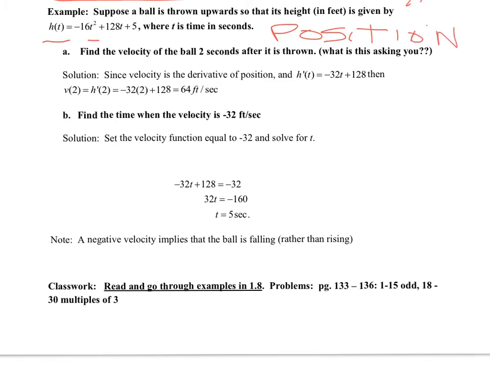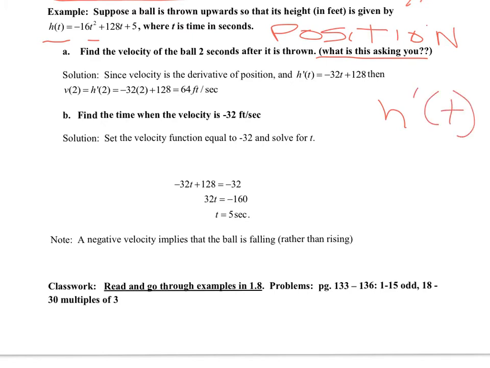Our first problem says find the velocity of the ball 2 seconds after it is thrown. Okay, before you can do anything with this, you have to ask yourself, what is this asking me? So, since we've pointed out that h of t is a position function, finding the velocity is going to be finding the h prime of t.